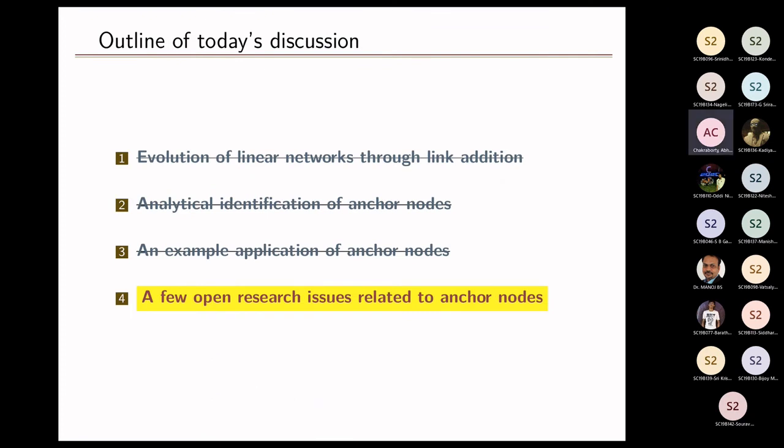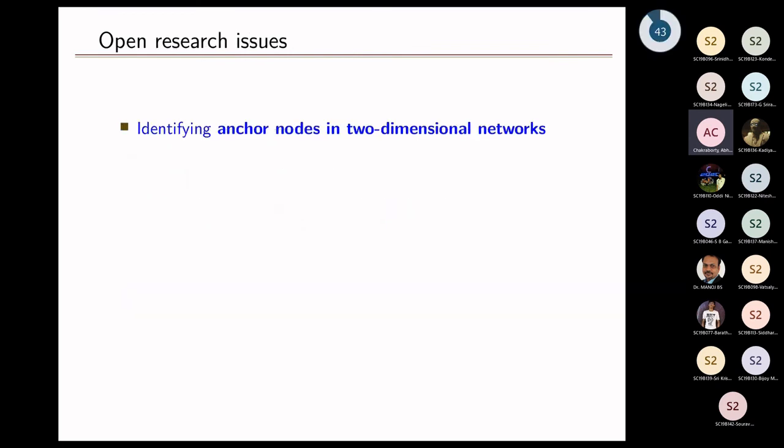So at last, I want to just give some idea of some of the open research issues that you can work on or do something related to this, if you want to use this anchor node concept into account.